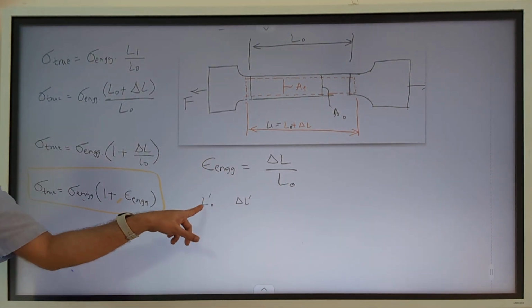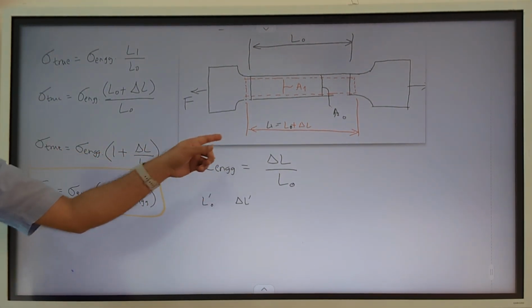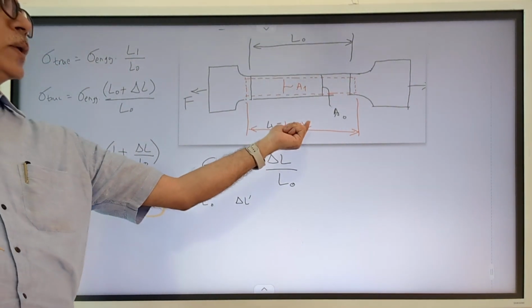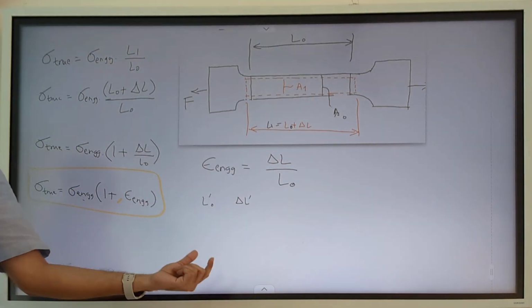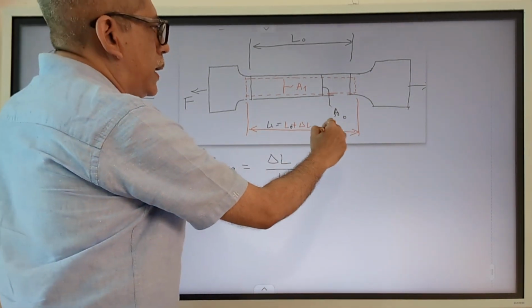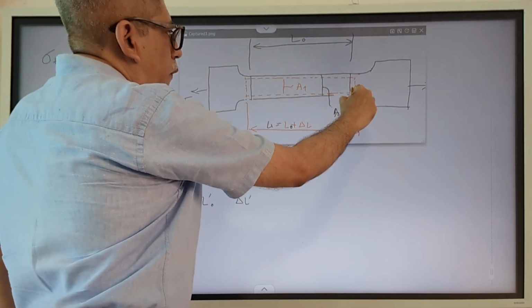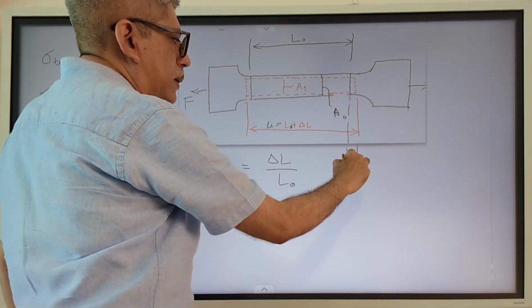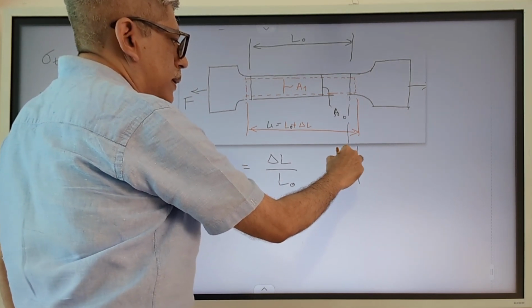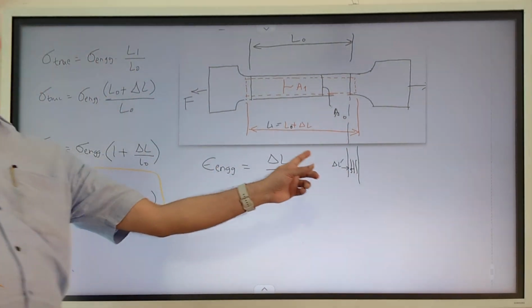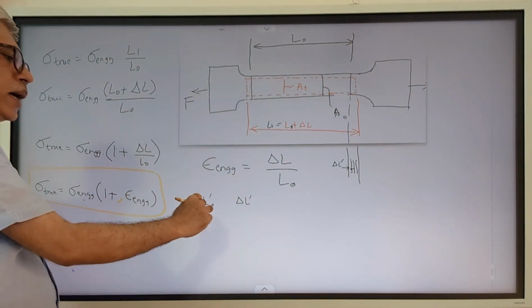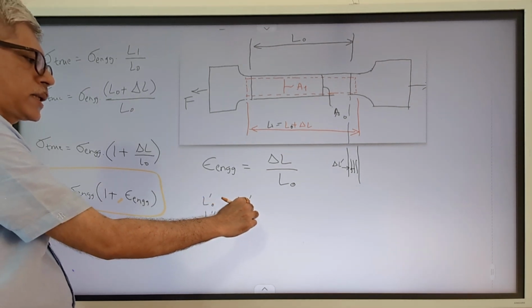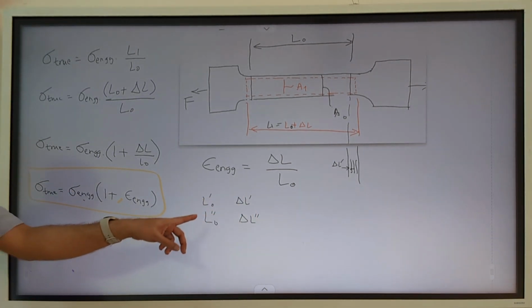This delta L I am splitting into multiple subcomponents. The first one is delta L dash and so on. After some time, the length becomes L0 double dash and this is called delta L double dash.